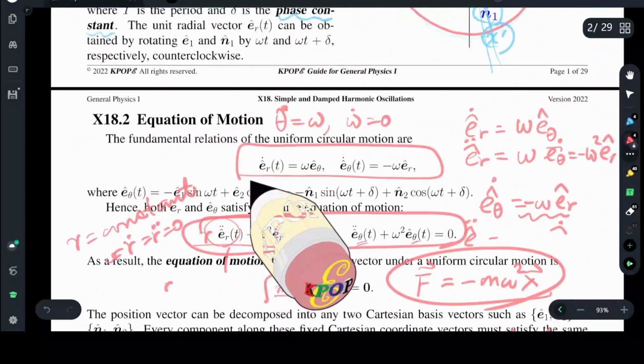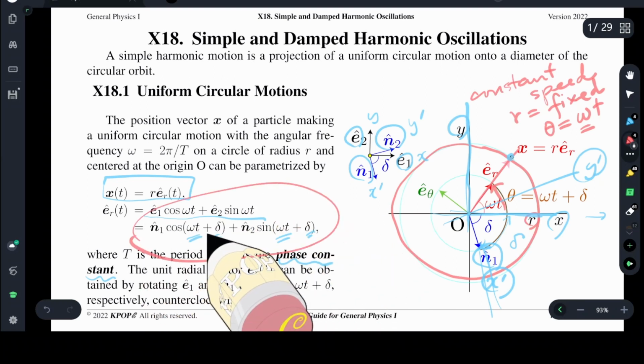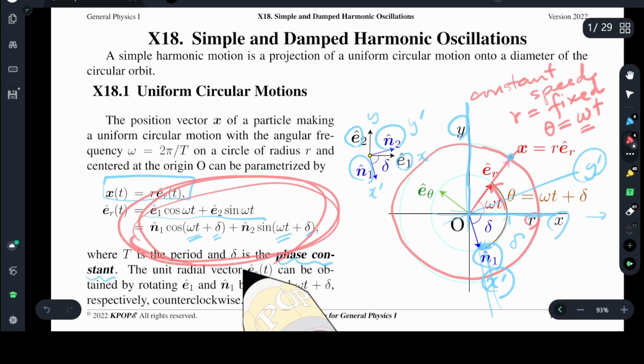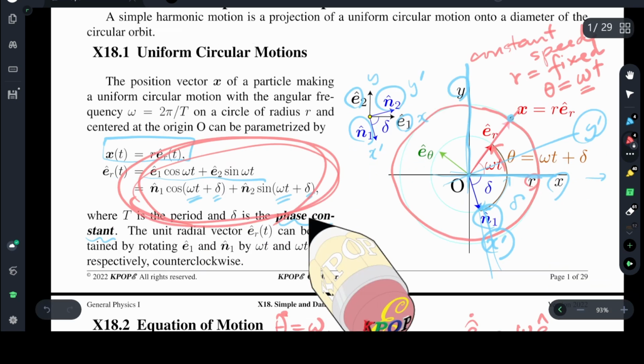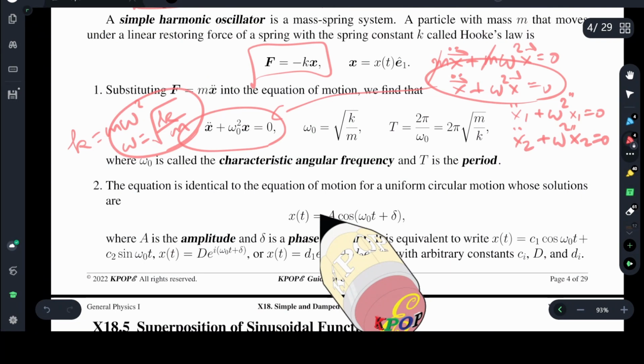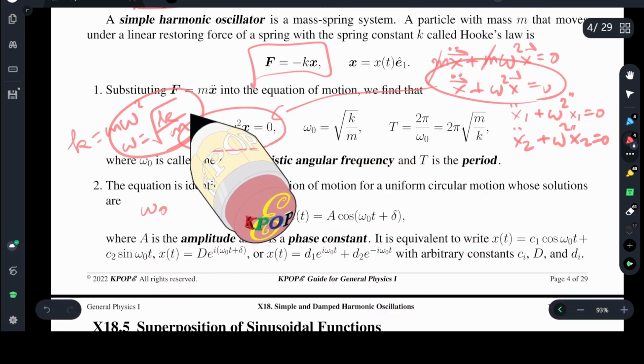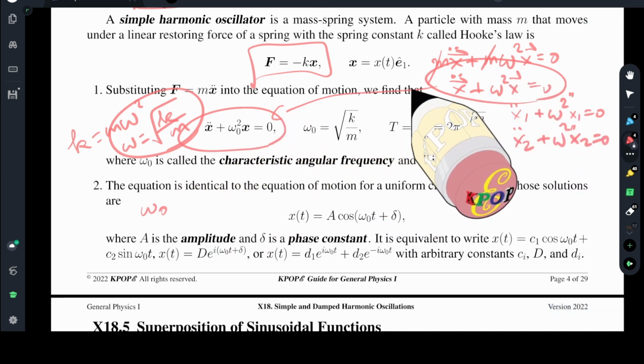And if we return to the original starting point, we began with the solution for the uniform circular motion. This omega determines the period of oscillation, and that is omega 0. Now, let us call this omega to be omega 0.